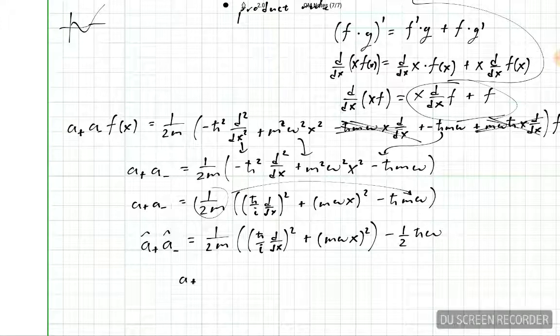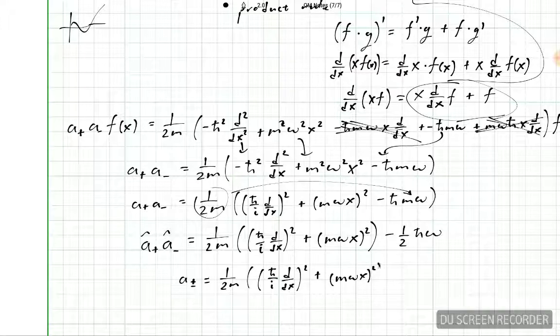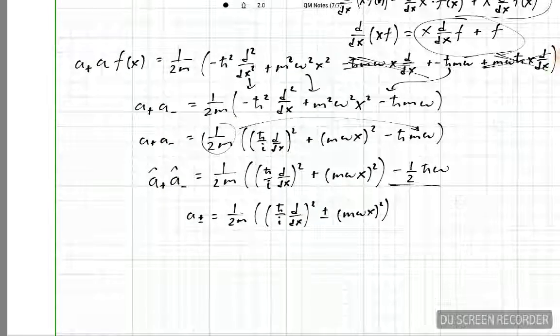And my A plus A minus operators look like this. So my A plus operator is this guy plus this term, and the minus one is minus that term. So you see I get this minus 1/2 h bar omega.